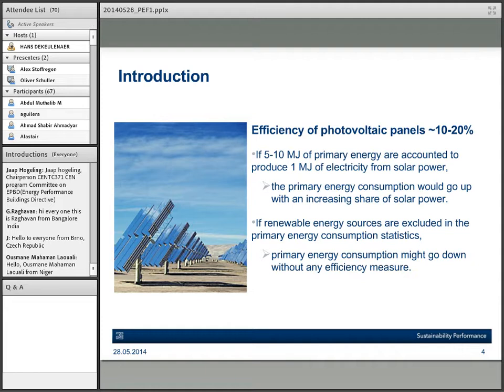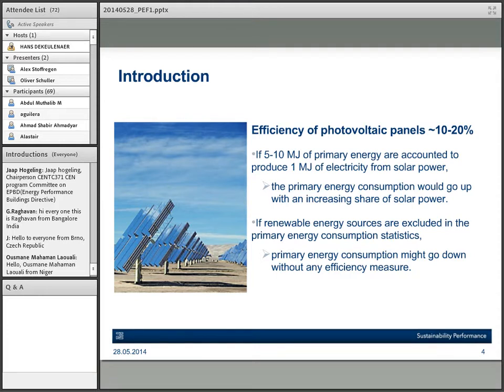And if I assume that the generation from photovoltaic goes up in a country, that would mean that the energy consumption would also go up, because compared with a fossil power plant with an efficiency of 40%, you would need 2.5 megajoules. And if I replace these kinds of power plants with photovoltaic panels, then my energy consumption would go up.